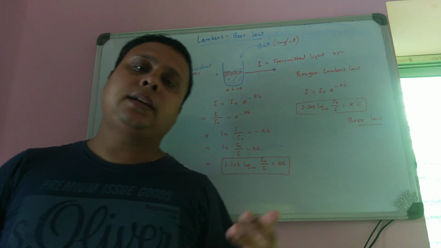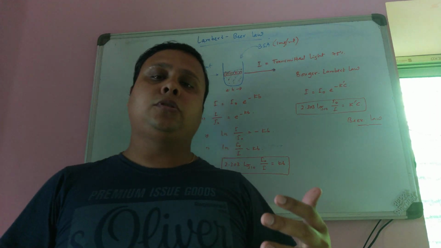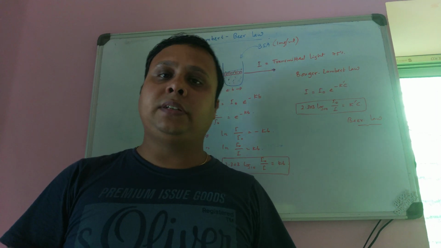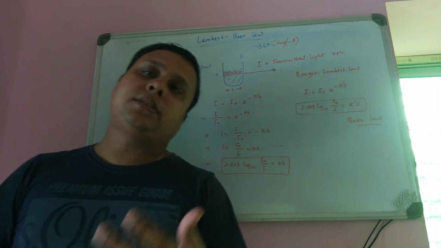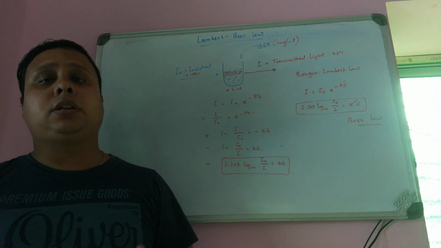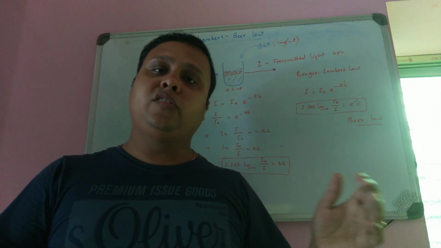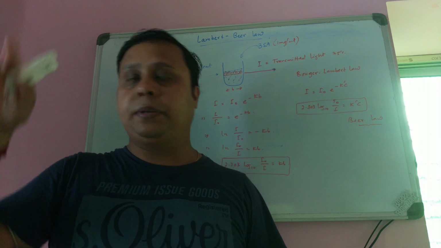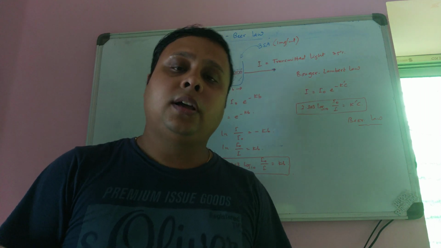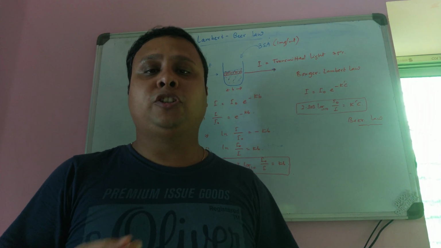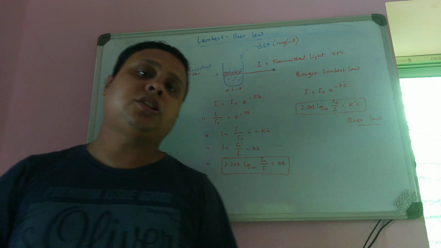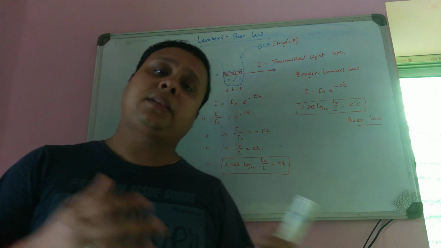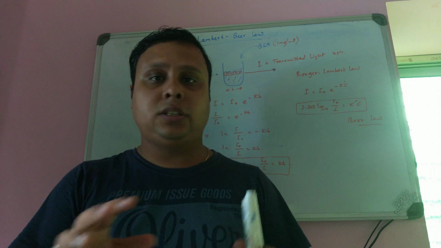Lambert's law says that light absorption is proportional to the path length of the absorbing material, and Beer's law says that light absorption is proportional to the concentration of the absorbing molecules. If you combine these two laws, you have the concentration and you have the path length of the material. So by combining the two laws, the amount of light absorbed by a material is proportional to the concentration of the absorbing molecules and also the path length of the absorbing material. So this is the combined law.